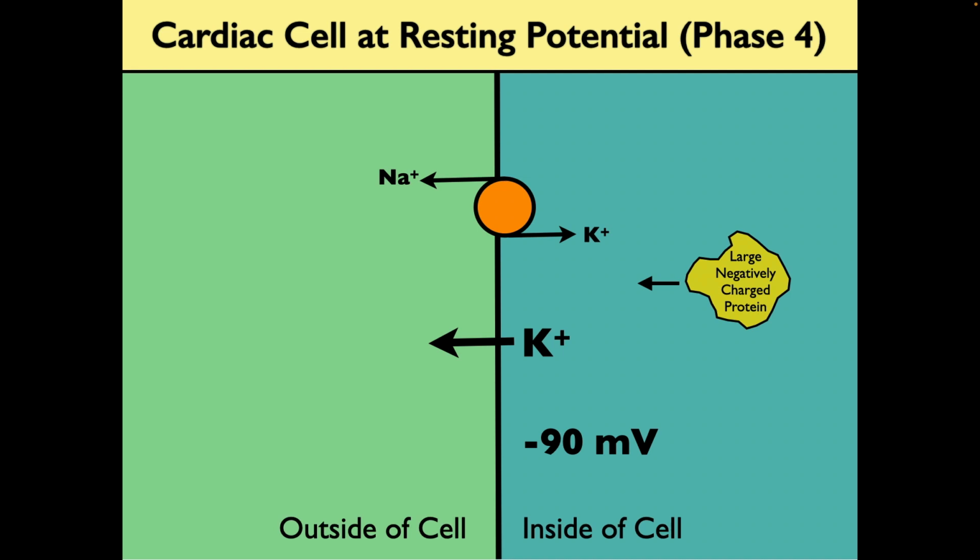But potassium can actually get out because there are these little gates that allow, even at resting potential, the potassium to flow out. So it's flowing out, flowing out, flowing out. It's also being pushed in. It's a dynamic system. Because we have a positive charge going out, there's a lot of protein inside the cell. Proteins tend to be negatively charged and large.